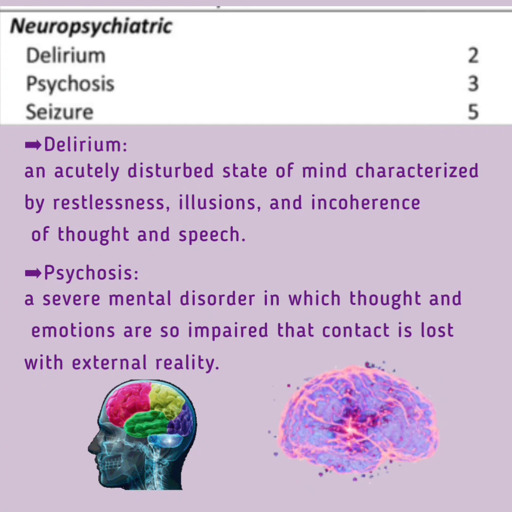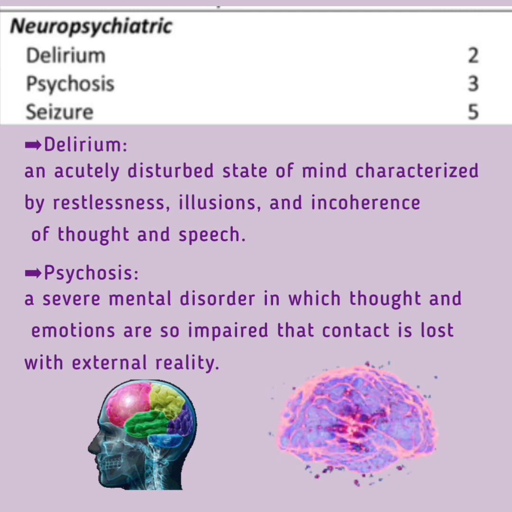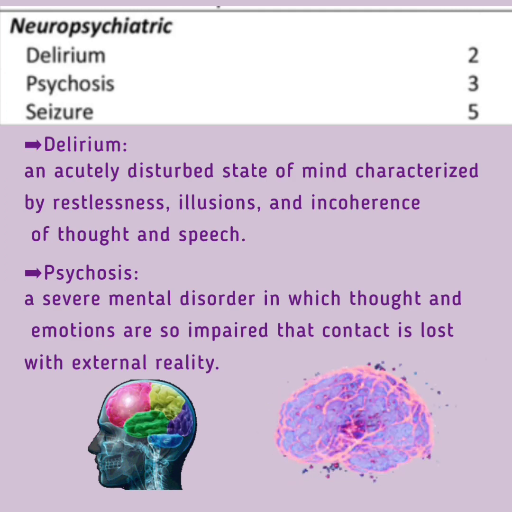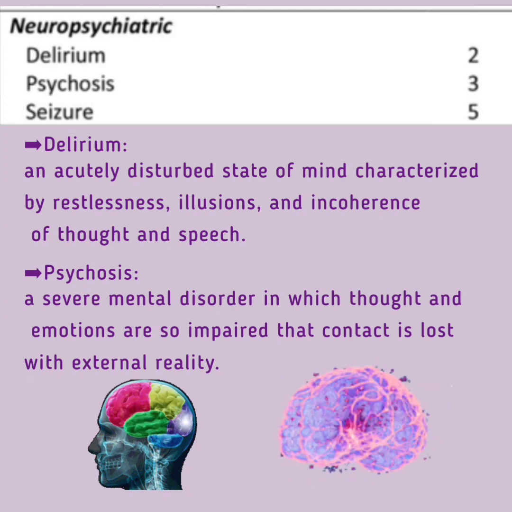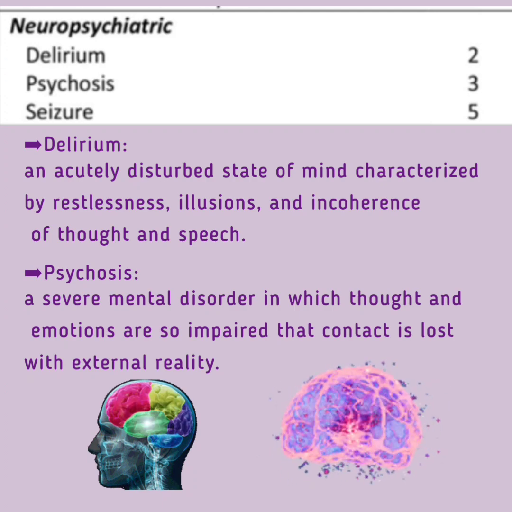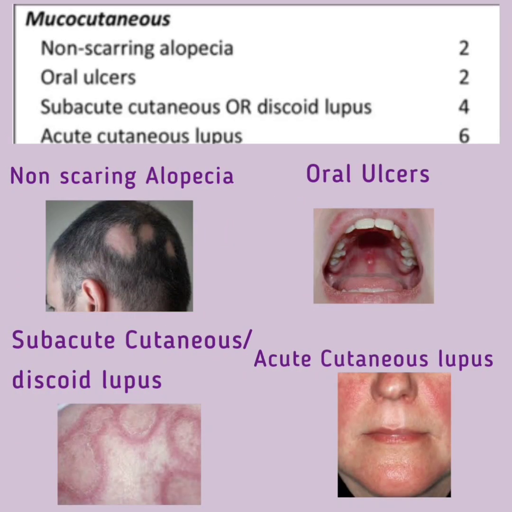The next domain is the neuropsychiatric domain, which is delirium, psychosis and seizure, where delirium is a disturbed state of mind and psychosis is when your mind loses contact with reality. So the next domain is mucocutaneous, and then you have alopecia, oral ulcers, subacute cutaneous lupus or discoid lupus, skin lupus, and acute cutaneous lupus. Those are the butterfly rashes.